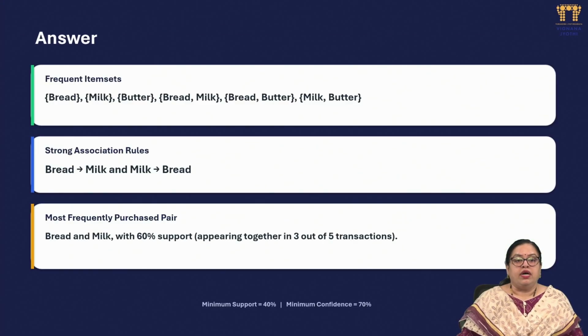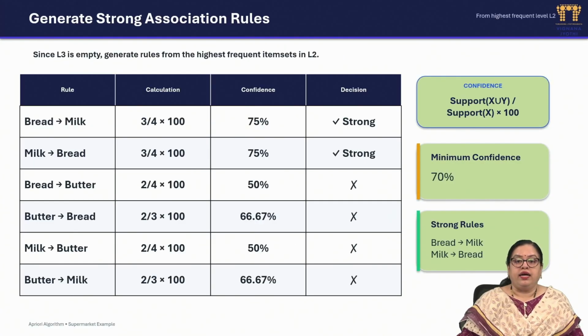So next, what is our answer here? The frequent item sets are bread, milk, butter, bread milk, bread butter, milk butter. These are the frequent item sets which have more than the minimum support. But the strong association rules are bread to milk and milk to bread, which we found here. These two are the strong rules.